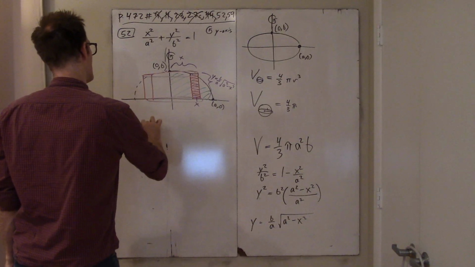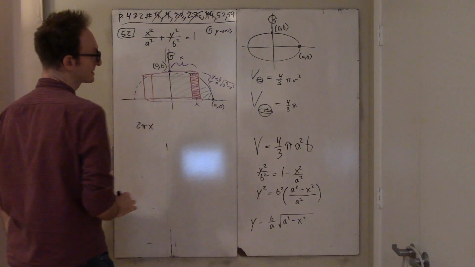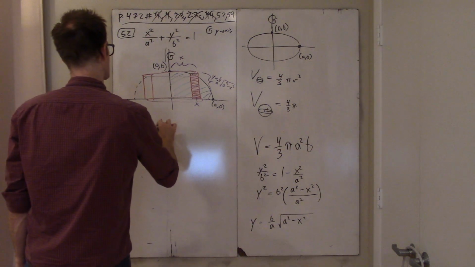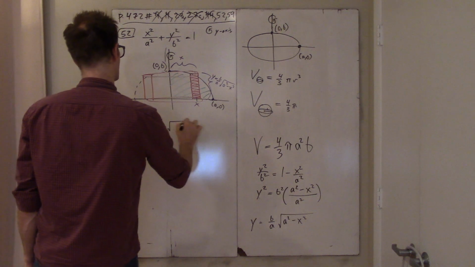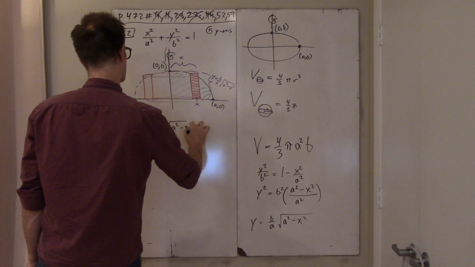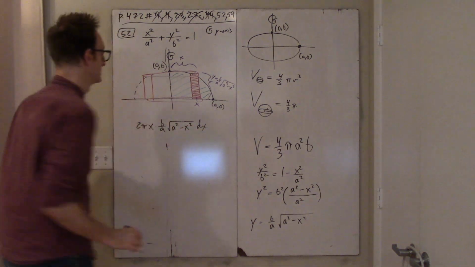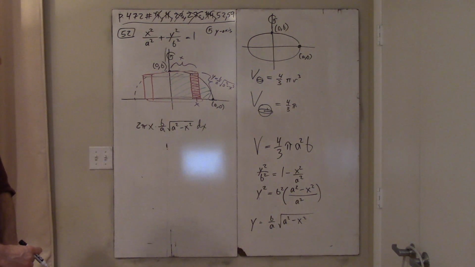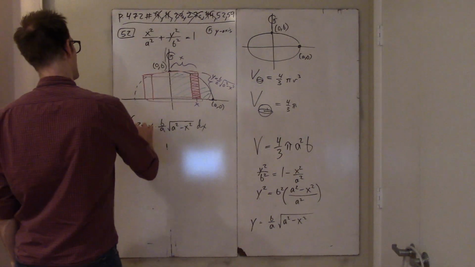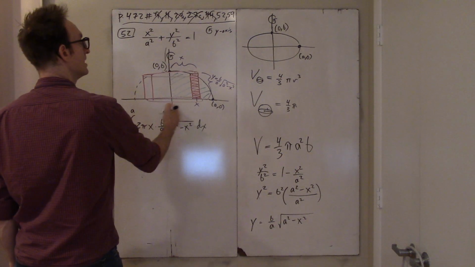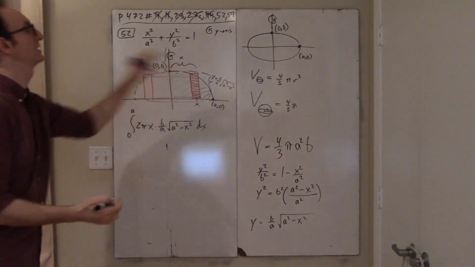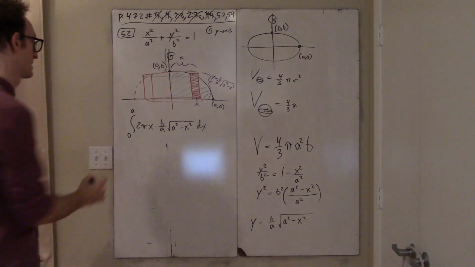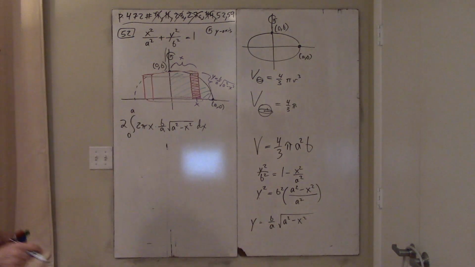It's 2 pi, the radius, which is x, times the height, which is b over a root a squared minus x squared dx. So 2 pi r h dr. That's the volume of one shell, so I'm going to integrate from 0 to a along the x-axis, and that's going to give me like a half of that ellipsoid. So then I'll multiply by 2 to get the full thing.